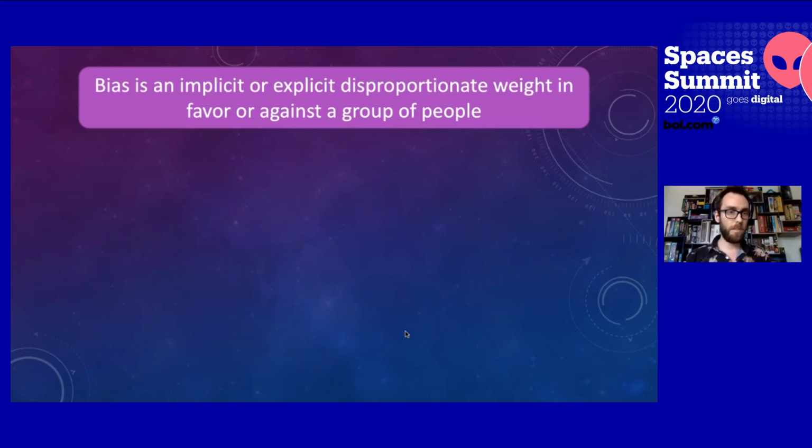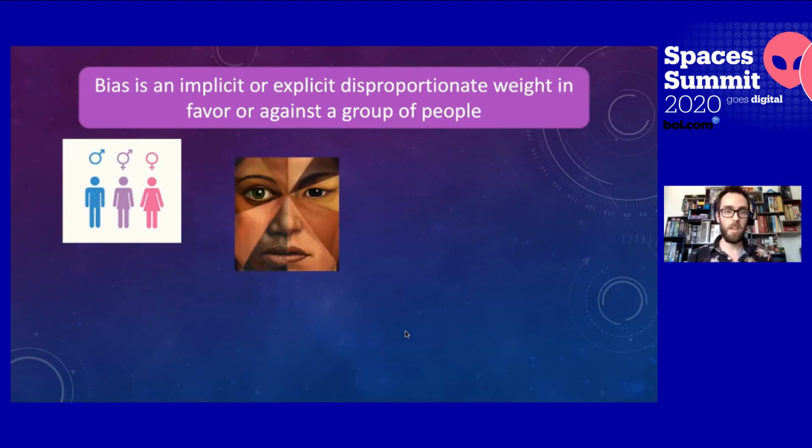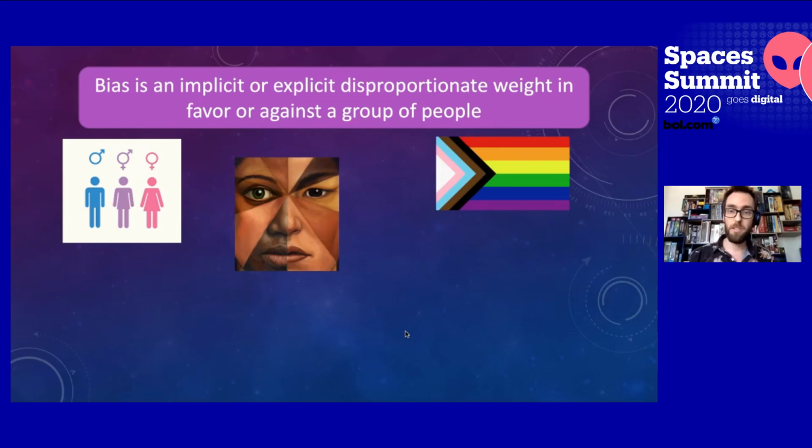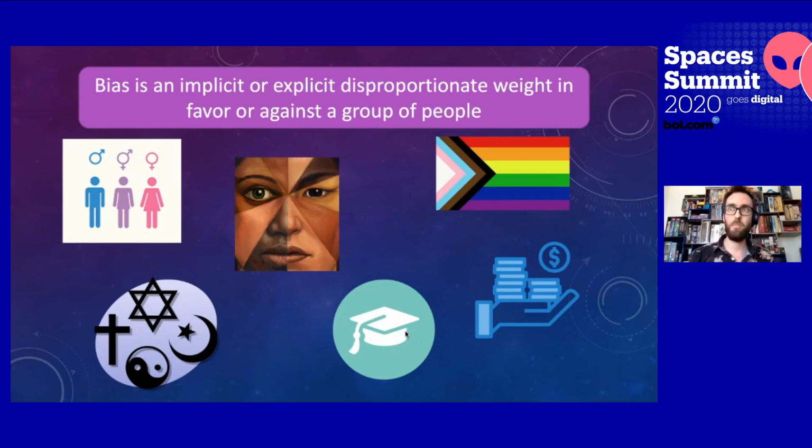Now, when we talk about societal biases, the typical biases that you should know about are gender bias, racial bias, bias in terms of sexual orientation, religious bias, and, a little bit less prominent, bias based on education level or income level. Those last two are also correlated with the other ones.